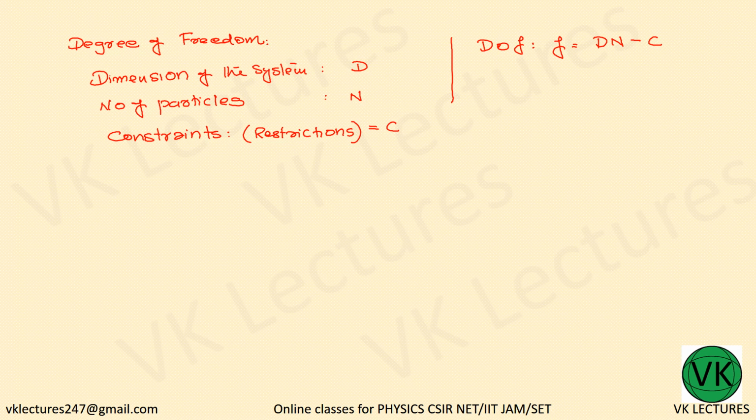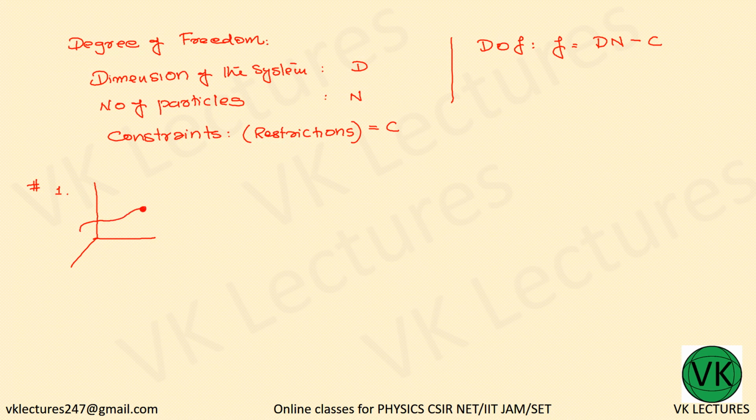Let's look into some examples. One, particle moving in 3 dimension randomly. So this is the 3 dimension, and one particle is moving like this.